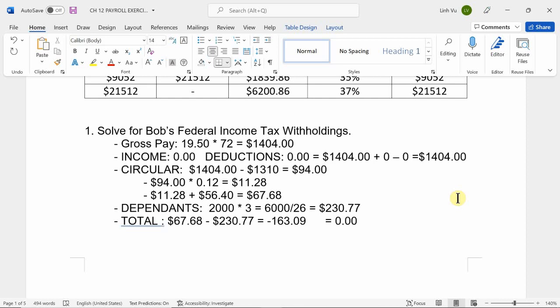Is it the 230? 230 is how much he's claiming for each child per paycheck.